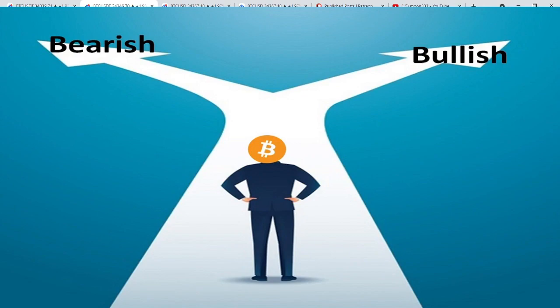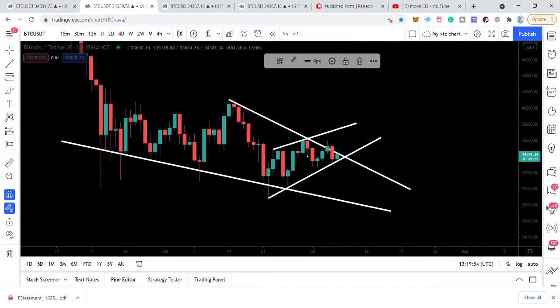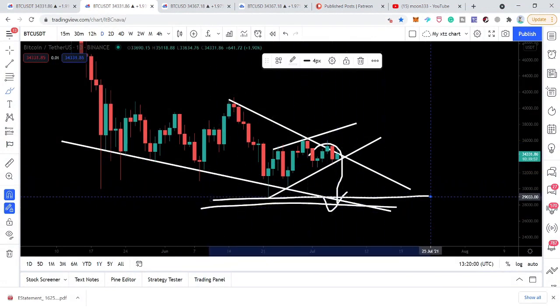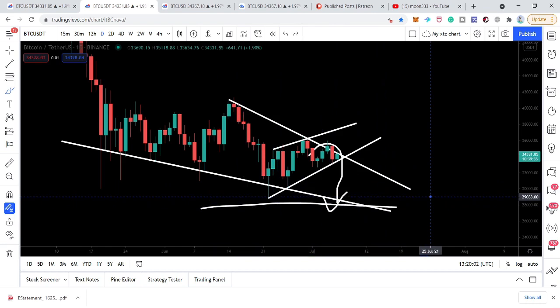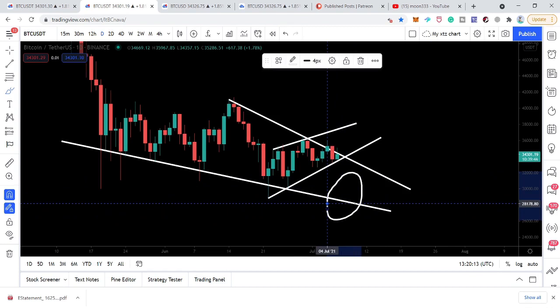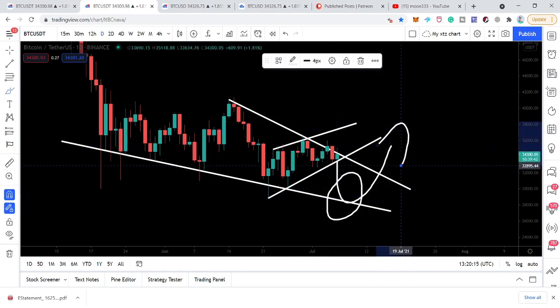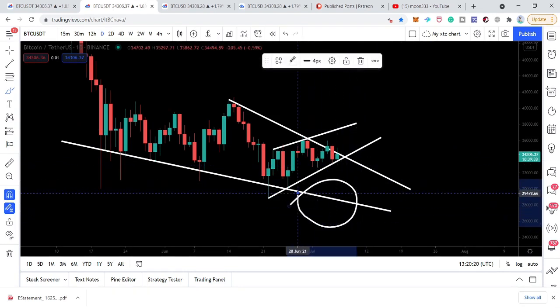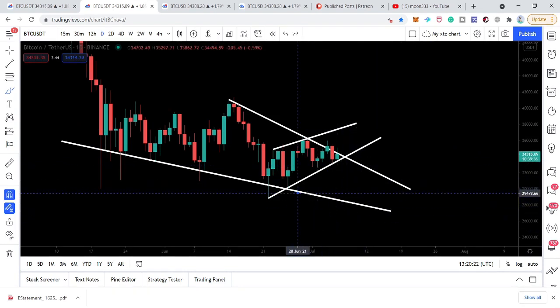If the price action breaks down this support of the rising wedge pattern, then our next target can be here, the tail of this rising wedge, approximately $28,800, and this is the same level where we will have the support of the falling wedge pattern as well. And from here, after testing this level once again, the price action can reverse bullish, because the support of the falling wedge is considered a bullish reversal pattern.